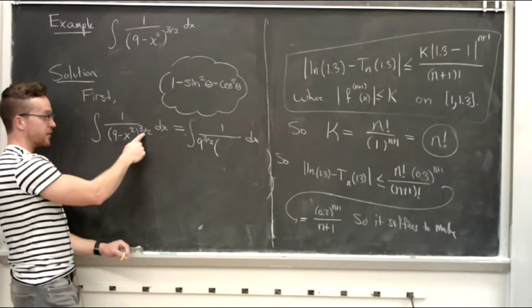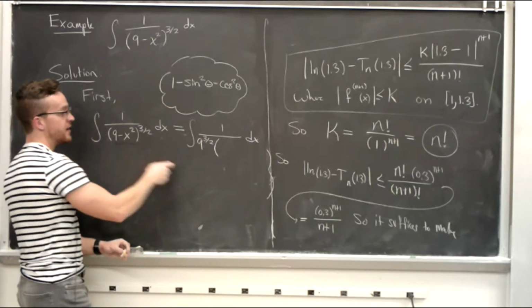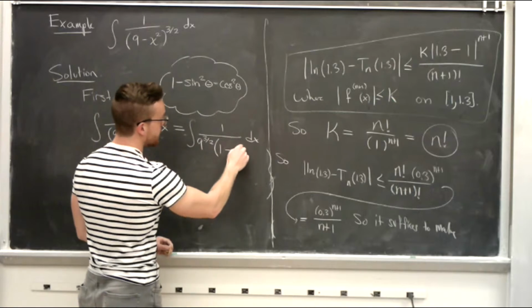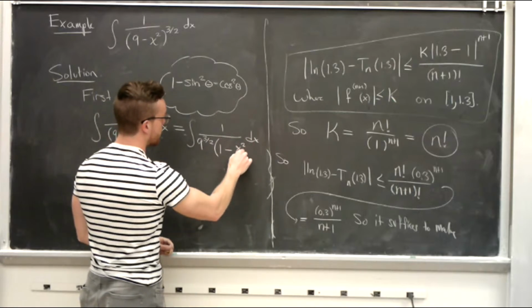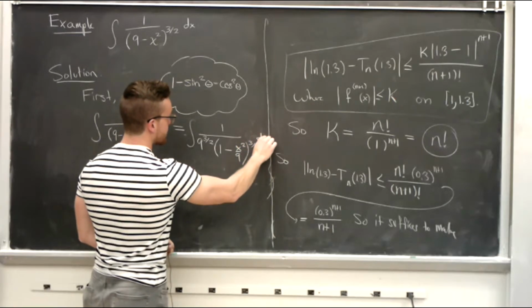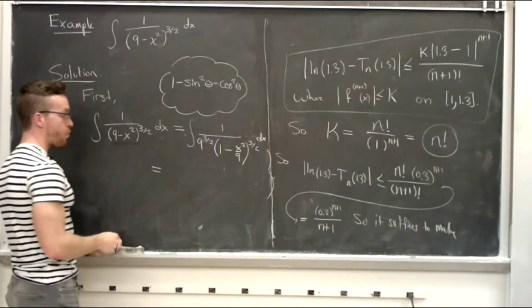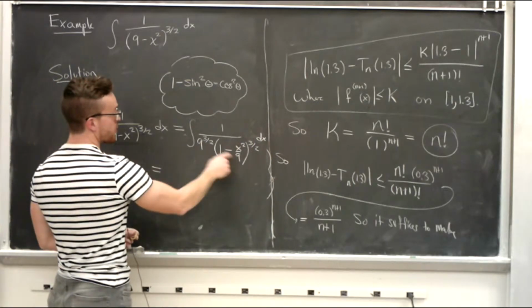When I do that, and I pull it through the parentheses, I'll pick up a power of 3/2, and then I'll have 1 minus x squared over 9 quantity to the 3/2 dx. And then this looks more promising.